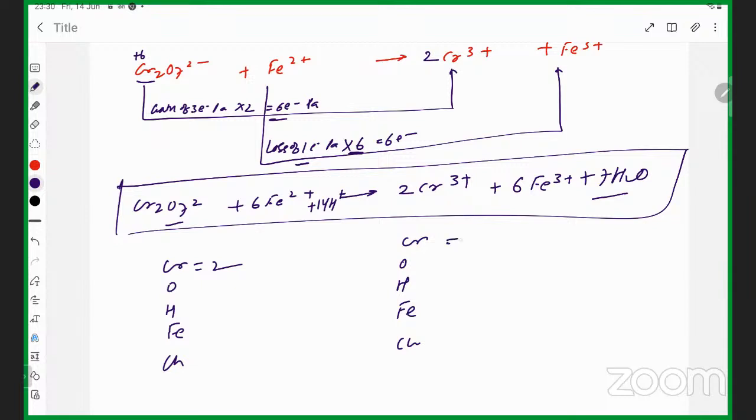Chromium is how much? 2. Oxygen is how much? 7. Hydrogen is 14. Iron is how much? 6. Charge, how many are there? 2 minus, 6 to the 12.